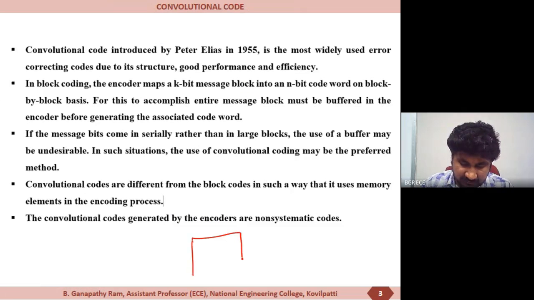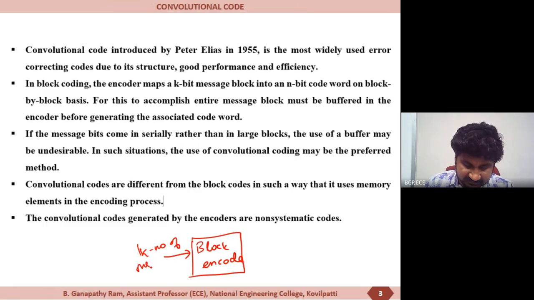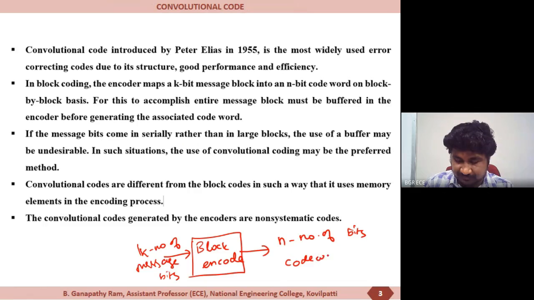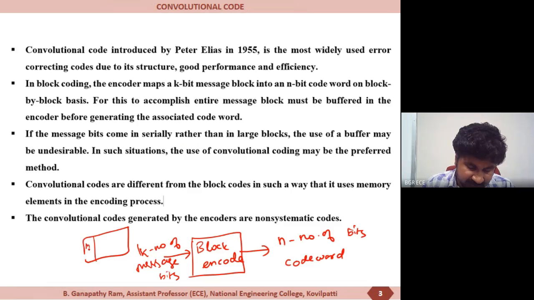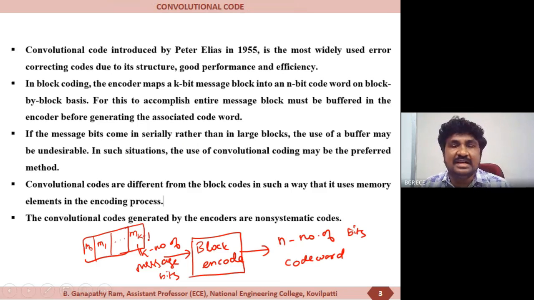Actually, in block code, the block encoder will accept k number of message bits and produce n number of bits in the code word, and it accepts the message bits in a block manner, m0, m1 up to mk minus 1, as we have discussed earlier.